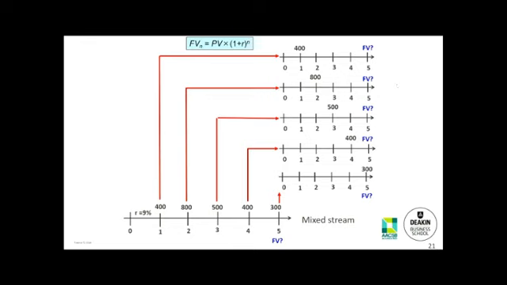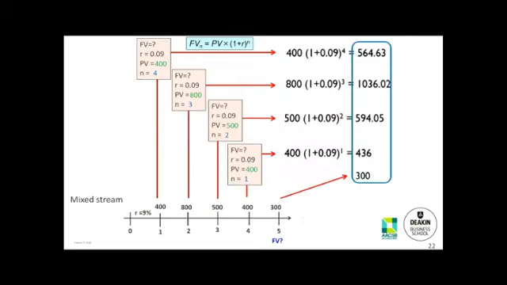From year 2 to year 5, how many compound periods? N equals 3. Intuitively, you can work out the $500 and the $400. And most importantly, this $300 is in year 5. Do you need to work out the future value of this $300? No need, right?